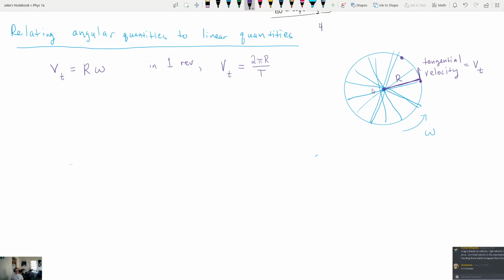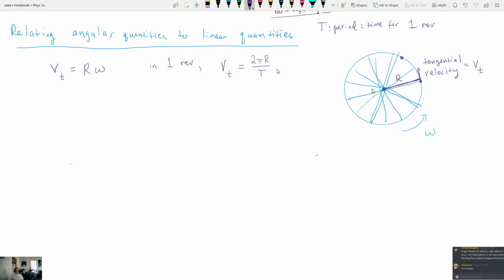Just to remind you, T stands for period, and it means the time for one revolution. Right? So if that's the time for one revolution, then 2 pi r divided by T gives me the tangential velocity.